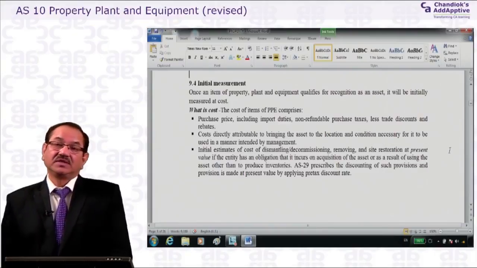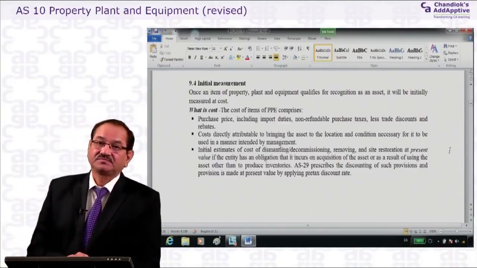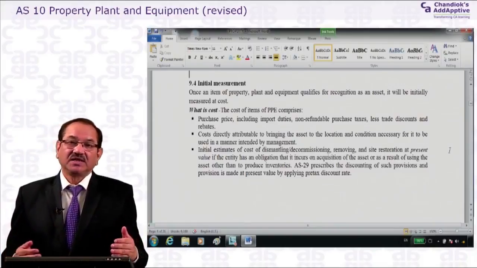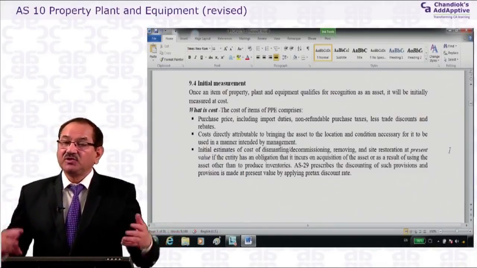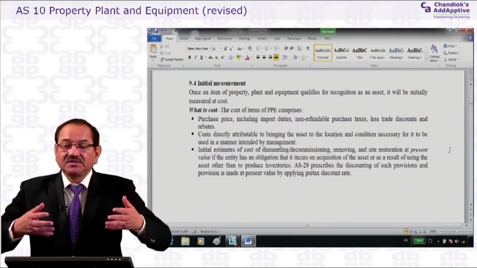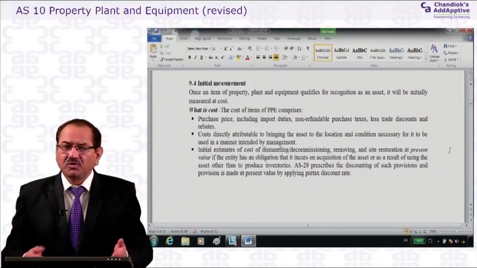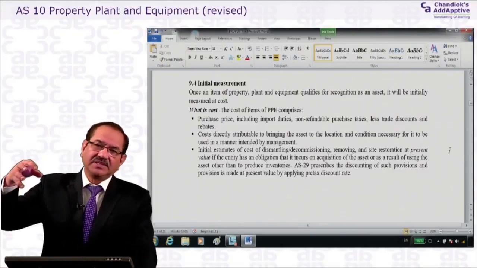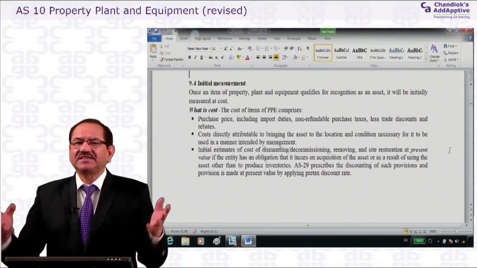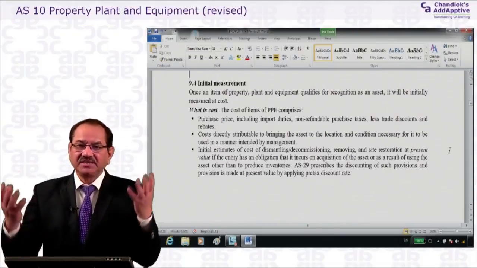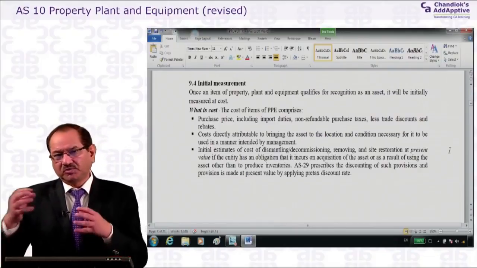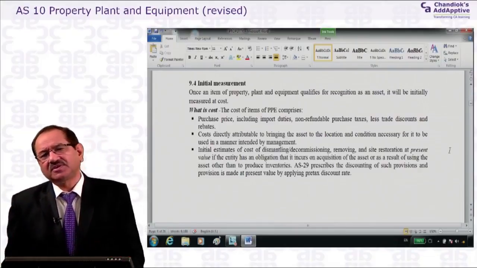Now, take an example. You took land on lease for 30 years. On that leased land, you constructed a factory building, and then put a plant in it and started your production.